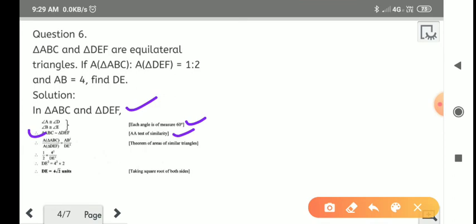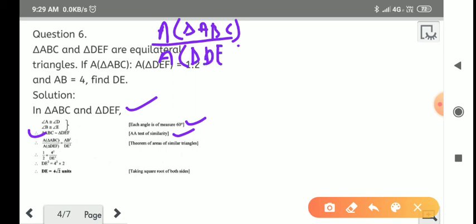So area of triangle ABC upon area of triangle DEF is equal to the ratio of their corresponding sides squared. Here sides are given, that is AB and DE.